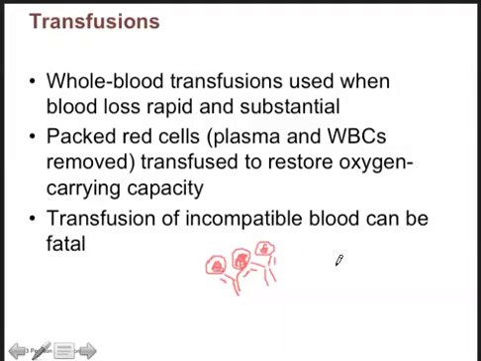These damaged blood cells, number one, can't carry oxygen. Number two, they can result in the production of emboli that can end up blocking capillary beds and killing the recipients. This is why blood typing is always done prior to a transfusion, in order to determine the compatibility of the recipient for the donor blood.